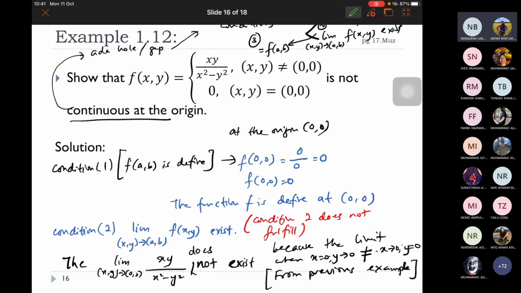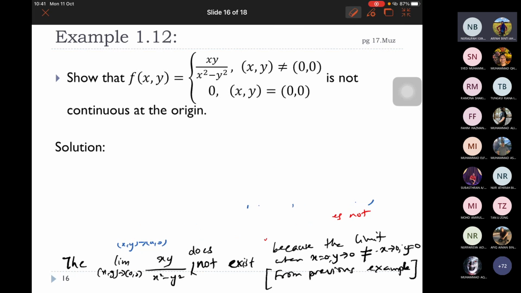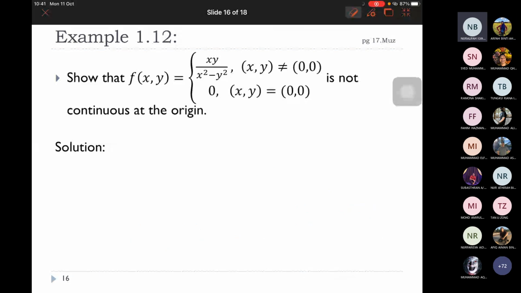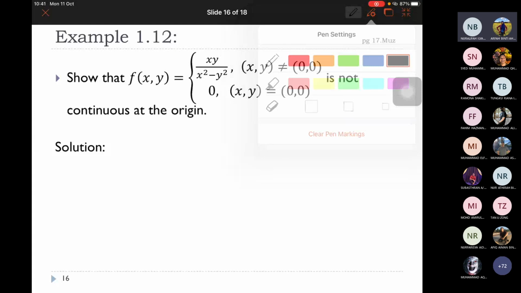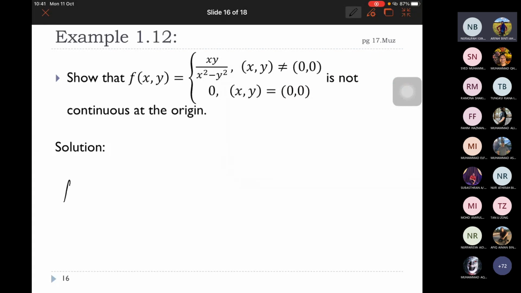Oh dah, yang lain dah. Semua salin dulu. Dah. Okay. Condition 1, dia punya function ni sebenarnya f x y akan sama dengan xy over x squared minus y squared, given that xy tak boleh sama dengan kosong dan kosong bila xy sama dengan 0.